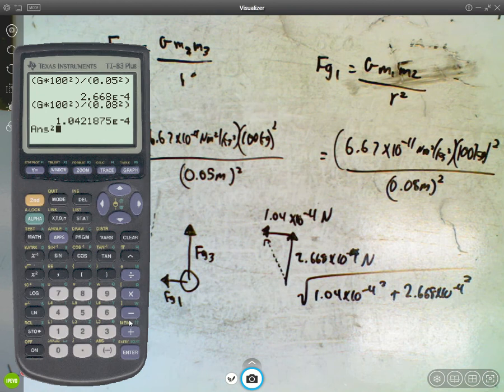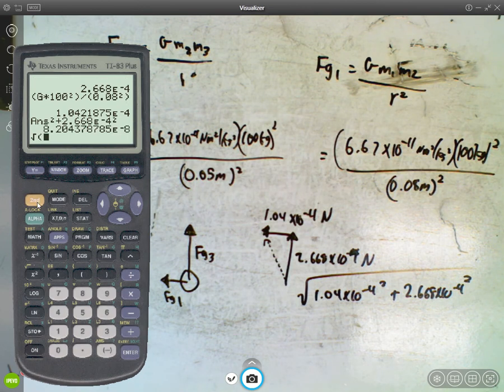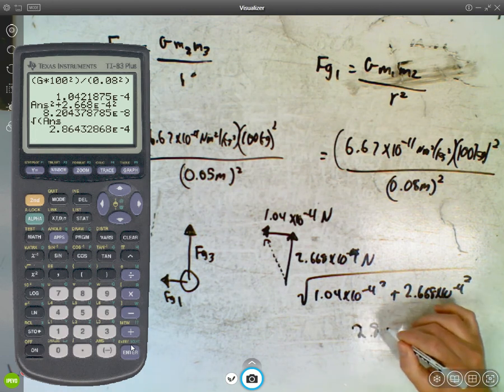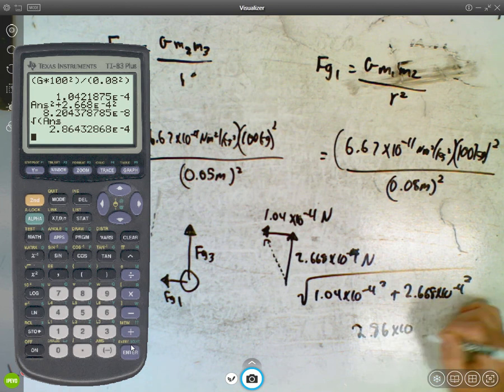Okay, so let's do that squared plus 2.668 times 10 to the negative 4 squared. And then I'll square root my answer. So I get the net force to be 2.86. There's only one sig dig, but whatever, that's a screw up on my part. So that's the net force, right?